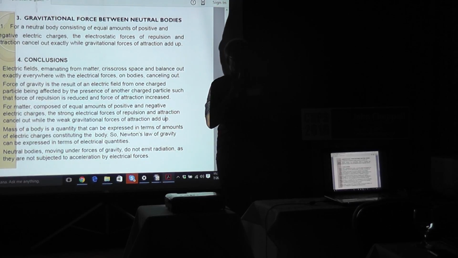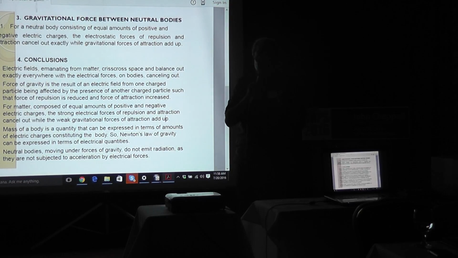So electric fields from a neutral body do exist in space, but the forces they exert on bodies cancel out. If the electric fields balance out, the forces they exert will cancel out. So electric fields from neutral bodies exist in space, but in a balanced form.